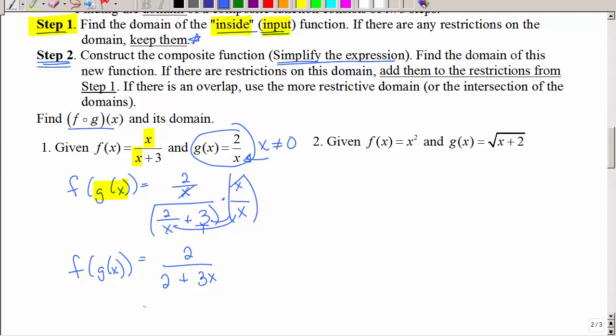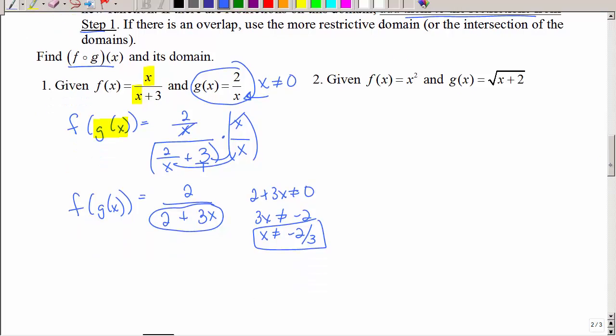And now what is its domain? Again, we have to look at the denominator. That cannot equal 0, so x cannot equal negative 2/3. So we have to add the restrictions from step 1.